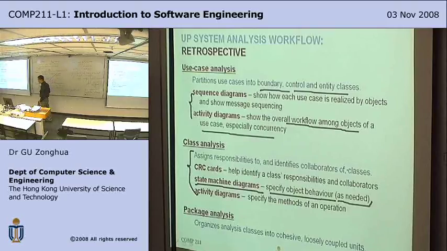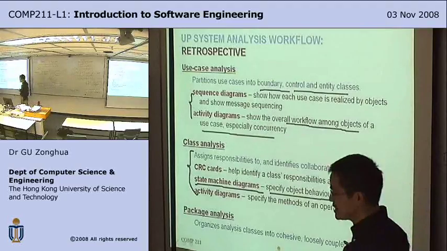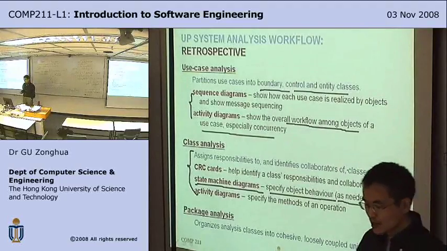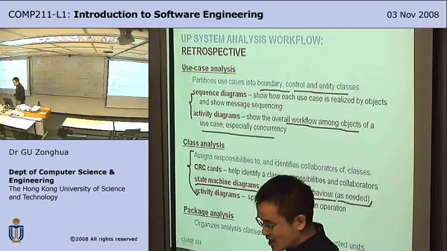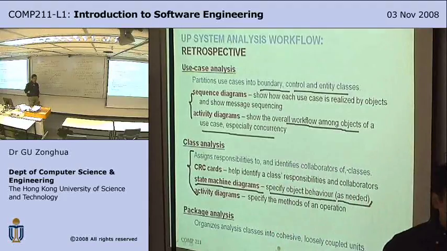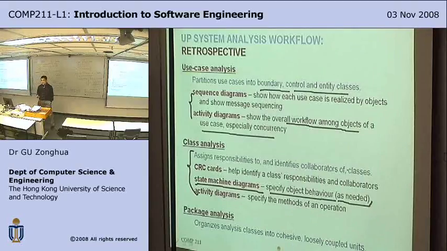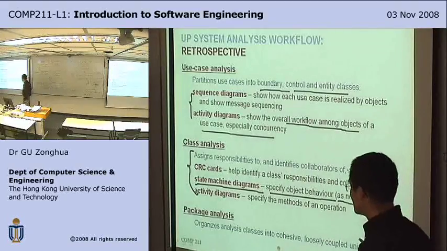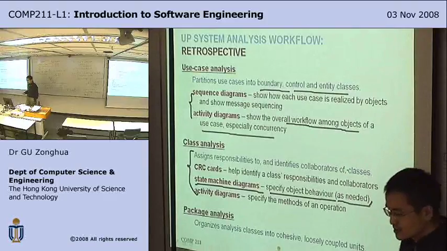Only the classes with significant dynamic behavior need it to make things clearer. For many simple classes, if you draw the state machine diagram, you have one, two or three states. Perhaps it's not worth it.